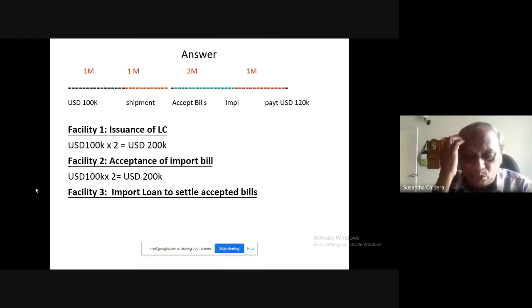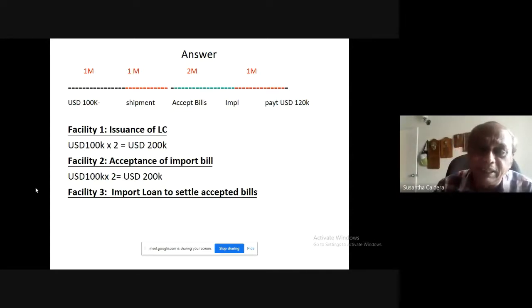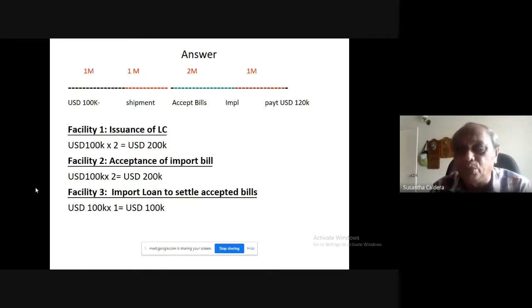Now the facility has opened up, right? අර reverse වෙනවනේ, reverse වෙනව open up. ඒ කියන්නේ අපිට two bills වලට acceptance ඇති වුණේ. ඒ වගේමයි payment එකේදී we need only one import loan.